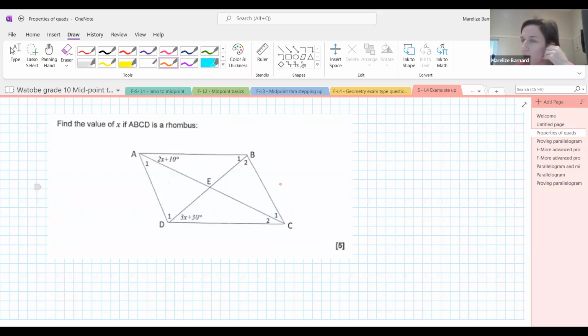Who's got an answer for X, guys? Pop it in the chat if you know already what X is.